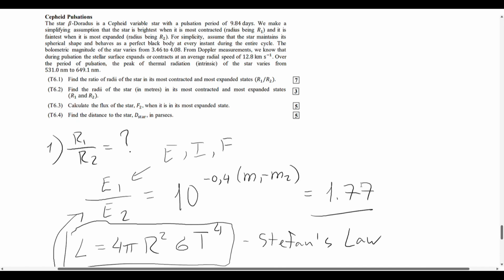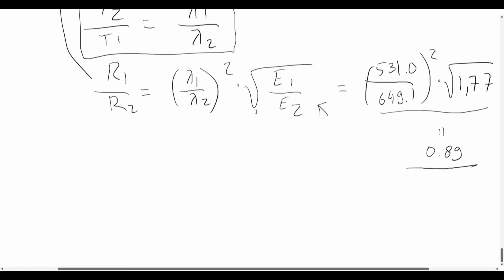Now we have to find the radii of the star in meters in its most contracted and most expanded states, R1 and R2, respectively. Okay, let's do that.